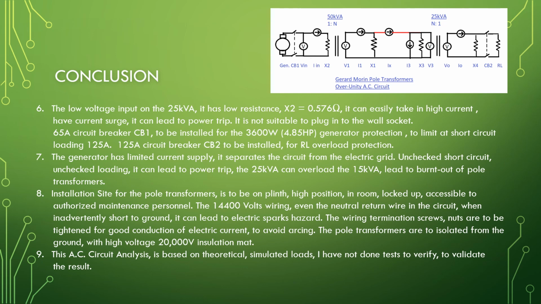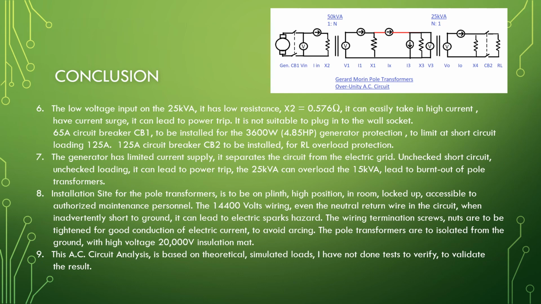A 65 ampere circuit breaker CB1 is to be installed for 3,600 watt, 4.85 horsepower generator protection, to limit at short circuit loading 125 ampere. A 125 ampere circuit breaker CB2 is to be installed for RL overload protection.